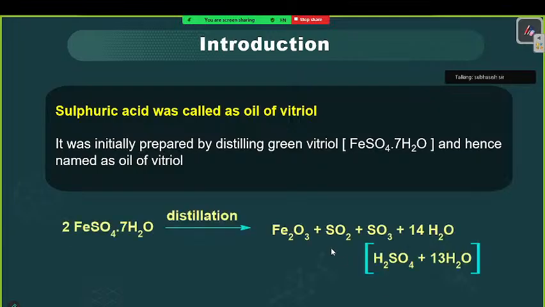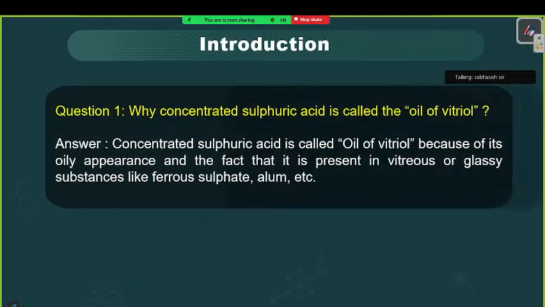So why is sulfuric acid called oil of vitriol? Why is concentrated sulfuric acid called oil of vitriol? The answer is that concentrated sulfuric acid is called oil because of its oily appearance.